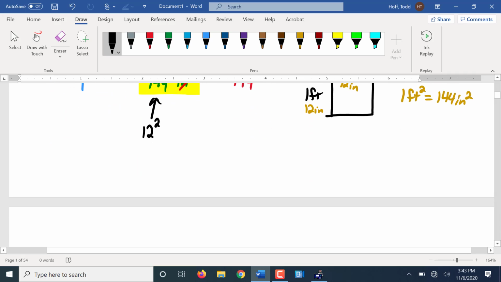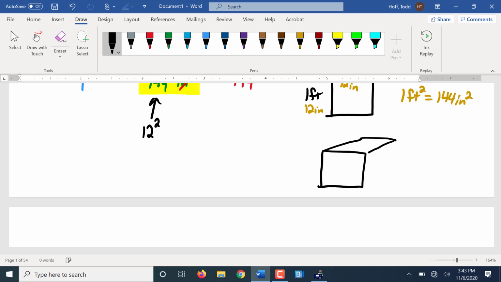So for cubic feet, one cubic foot is, of course, 1 foot by 1 foot by 1 foot. Of course, each of those feet is still 12 inches.